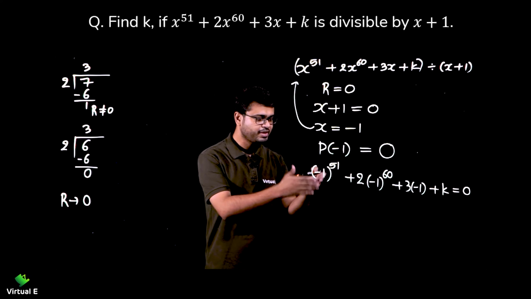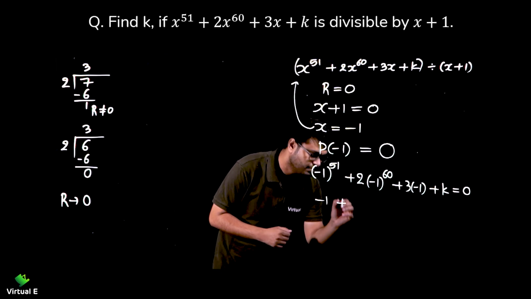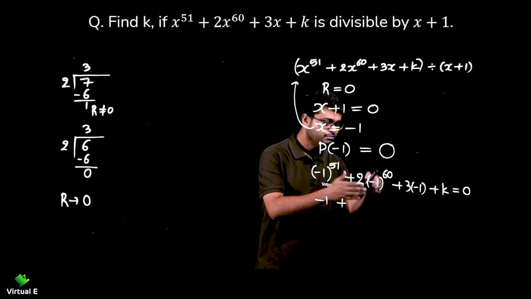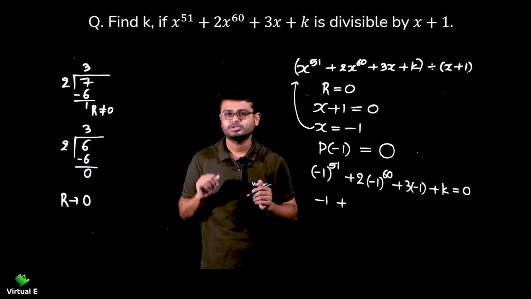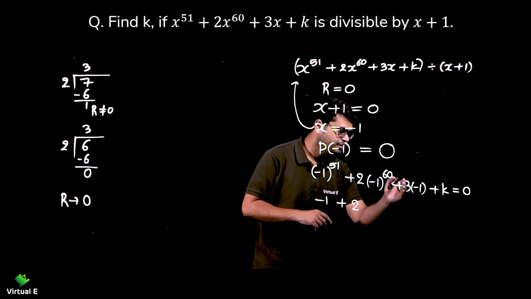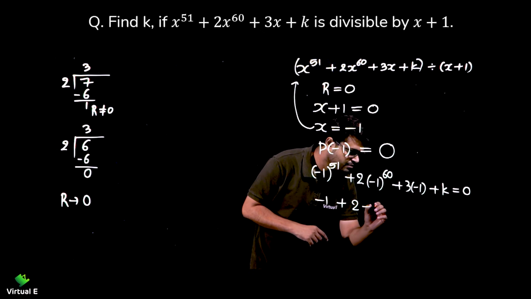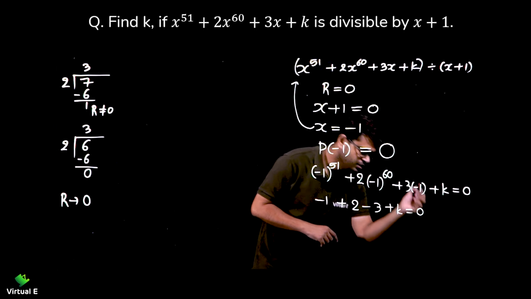Minus 1 raised to an odd power, so the answer will be minus 1, plus 2 into minus 1 raised to an even power. Even power means we'll get positive 1. Now 1 2s are 2. Here 3 into minus 1 is minus 3, plus k is equal to 0.